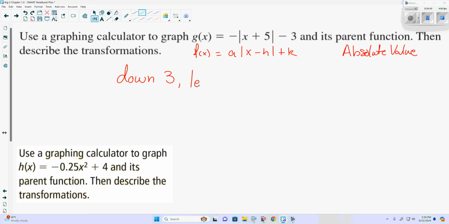And then left 5. Since it's plus 5 inside, opposite of what we think. So instead of plus going to the right, it's going to the left. Because the value of h for this one really is negative 5. Negative 5 would give us our plus. Instead of going right, we're going left.